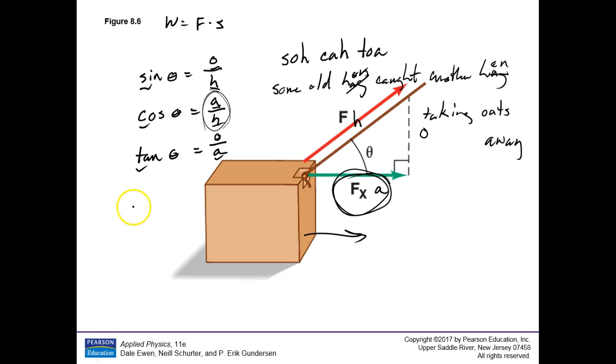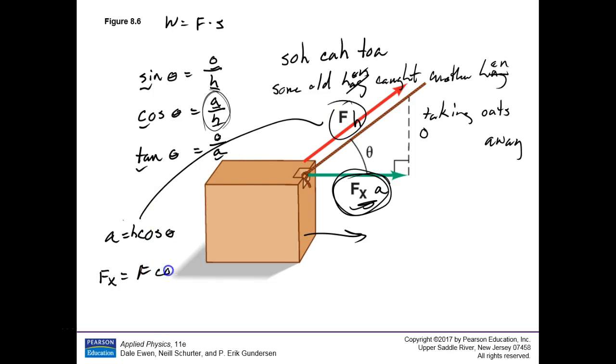So let's rewrite this as multiply both sides by h, and you have a is equal to h times the cosine of theta, where H relates to the force. So this is the F sub x, that relates to the A, is equal to F, that relates to the H, times the cosine of the angle theta.